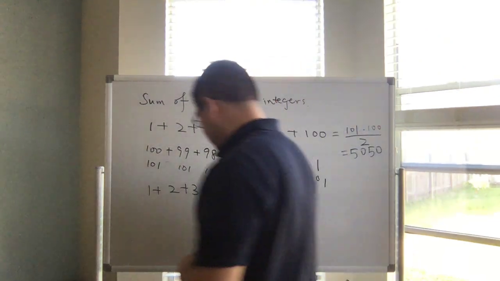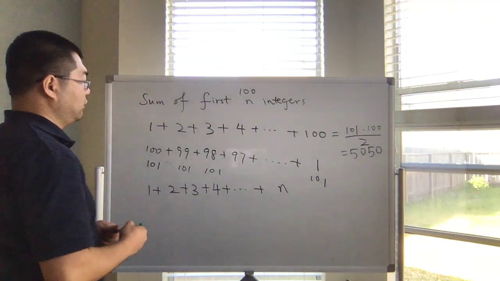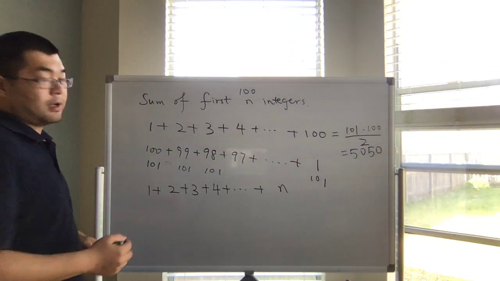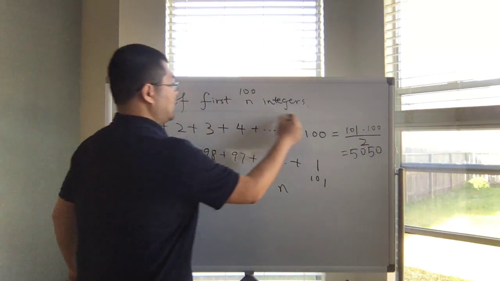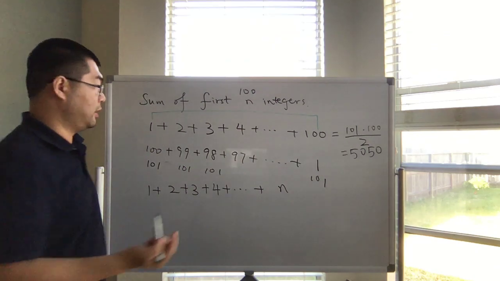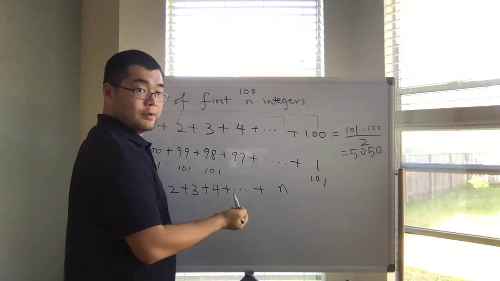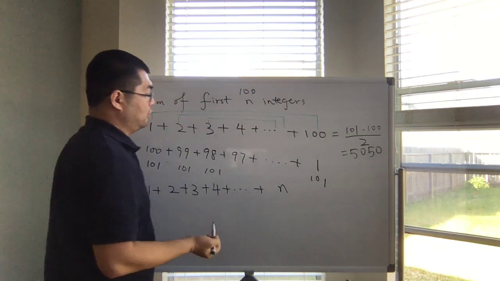Also, even without thinking in this way, if we only look at our first 100 integers, you can think about it also in this way, guys. If you add 1 plus 100, it gives you 101, right? And if you add 2 plus 99, it gives you 101, right? 3 plus 98 gives you 101.